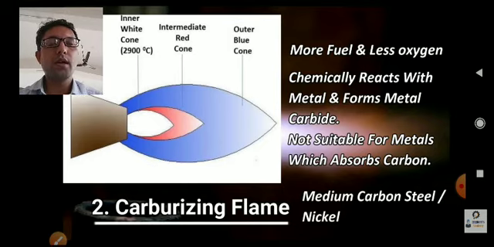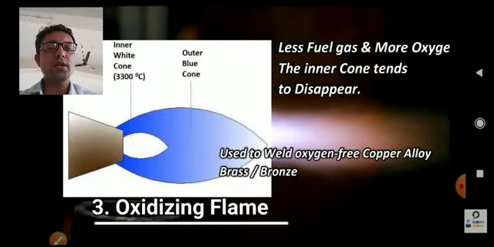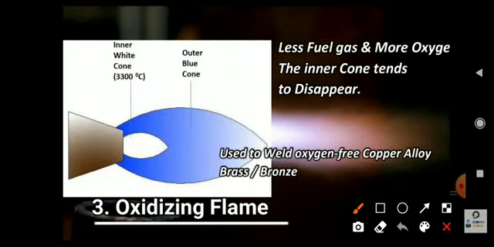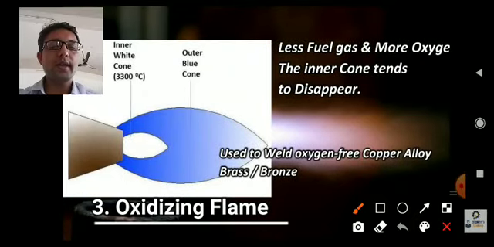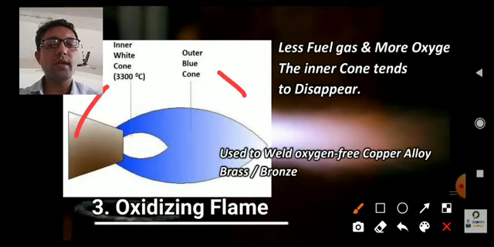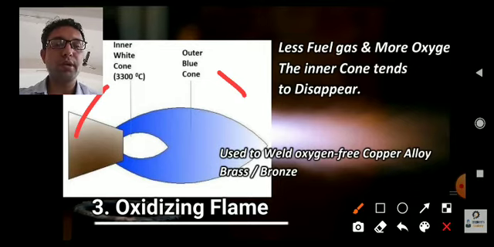Now the third one is the oxidizing flame. As compared to the carburizing flame, the oxidizing flame has less fuel gas, less acetylene, and more oxygen supply. It has two cones, the inner white cone and the outer blue cone.